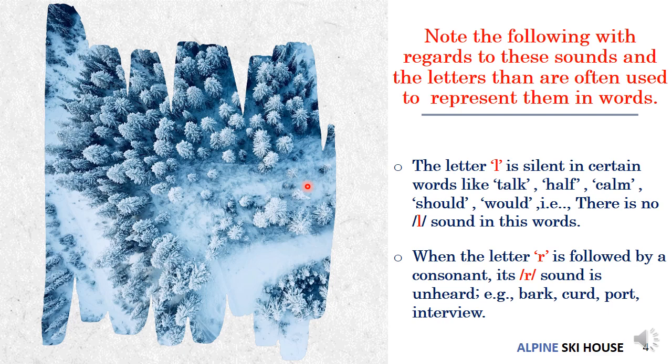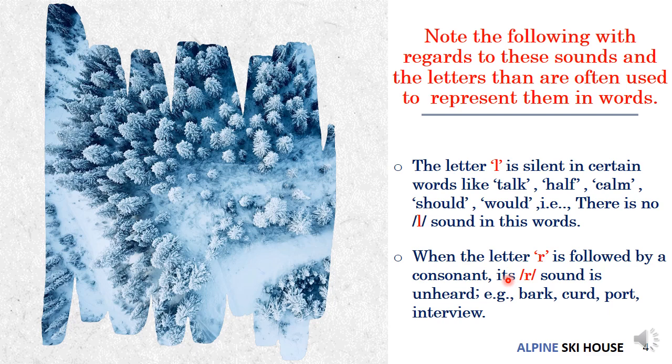To understand, let us look into the first bullet point. The letter L is silent in certain words like talk, half. There is no L sound in these words. I'm not saying talk, I'm not saying half, I'm not saying calm. So there you go. The letter L is silent.